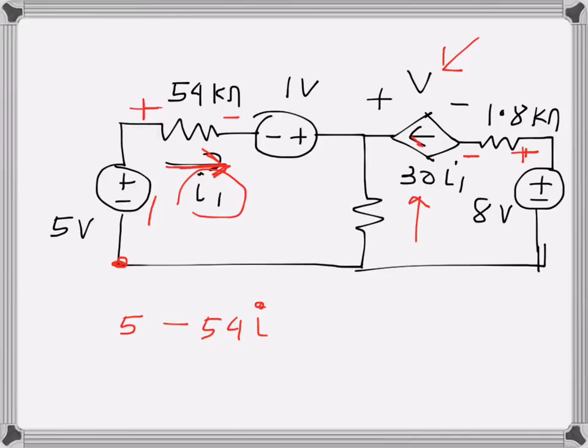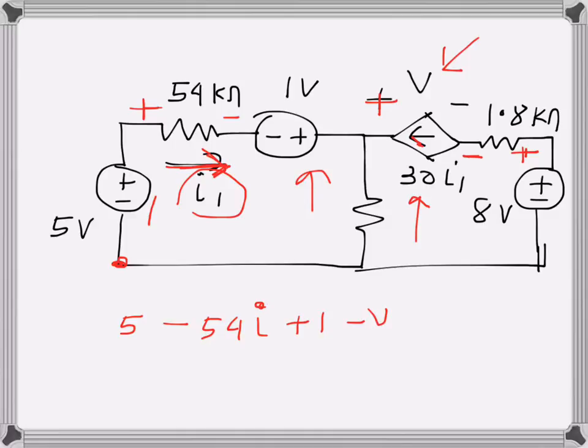Then I have this 1 volt as a rise because I am going from minus to plus, so plus 1. Then I have this drop V, which is a drop because it's plus to minus, so I will write negative V. Then I have the 1.8 kilo ohms, and the current through it is 30 I1.